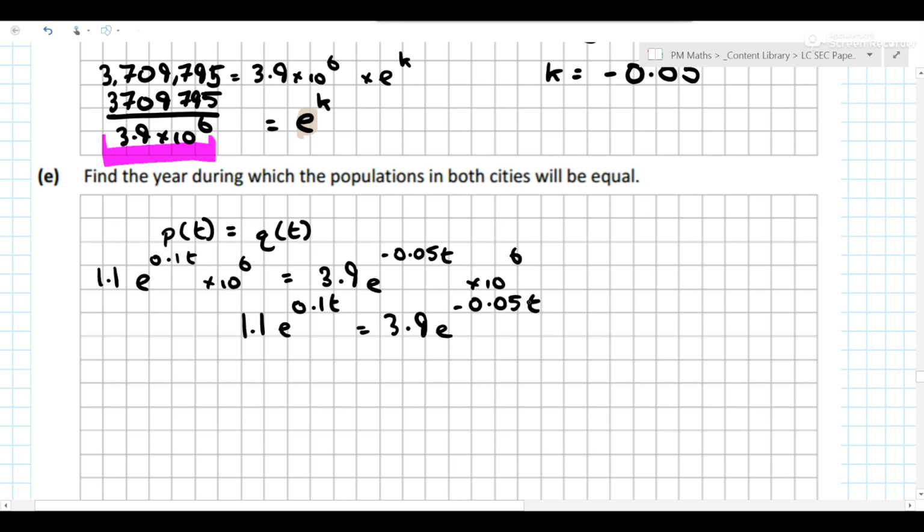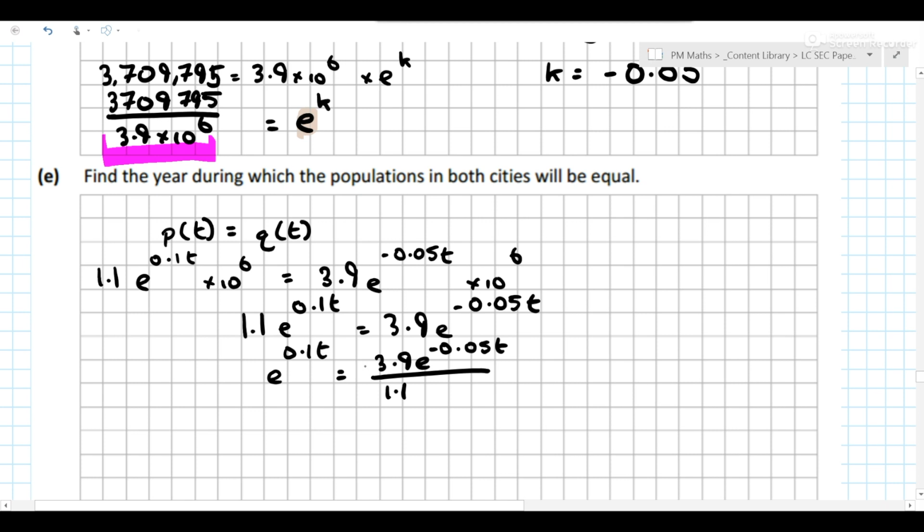Really useful now to have your page 21 open on your log tables because, well, we'll look at some indices rules in a second. So you want to try and get t on its own. Okay, so the way we can start going about that is dividing both sides by 1.1. So we'll have e to the 0.1 t is equal to 3.9 e to the minus 0.05 t all over 1.1.